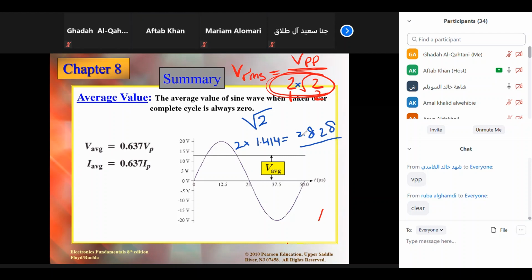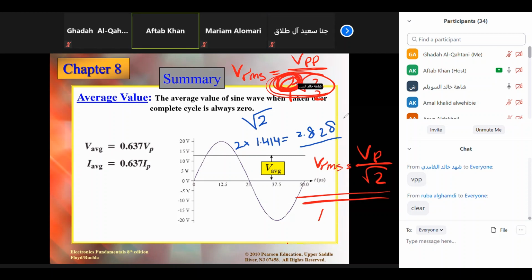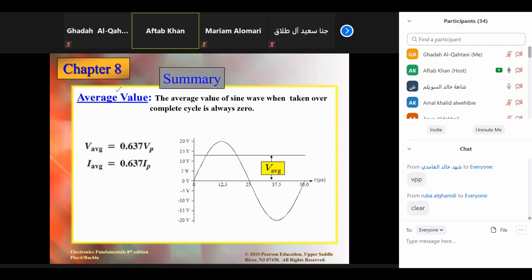Clear? Okay, one minute. I got your point. You understand the rule, but you did not understand how it comes, so I will explain. As you said, VRMS, you already know, is VP over root 2.